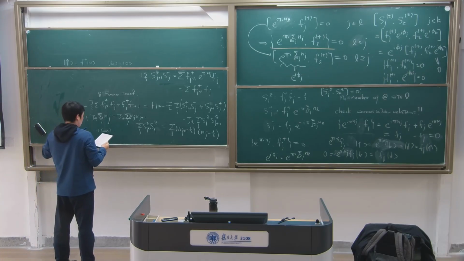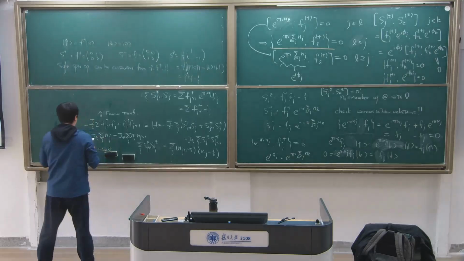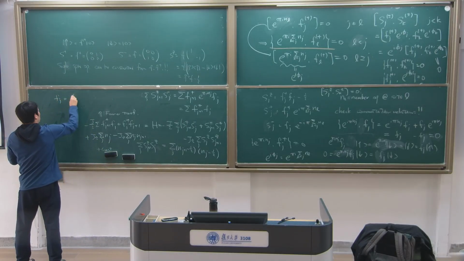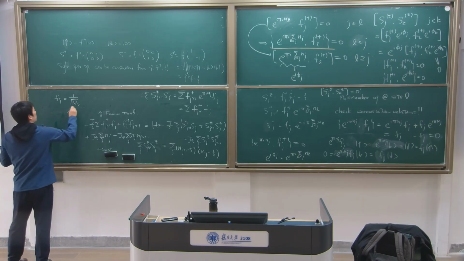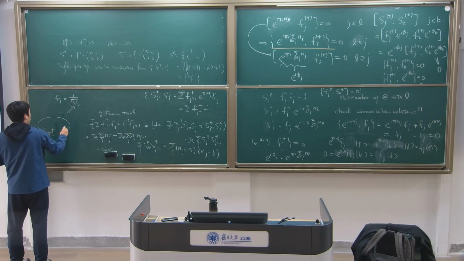The Fourier transformation we can do is as follows. Fj can be understood as a creation operator, and Ns is the number of sites.